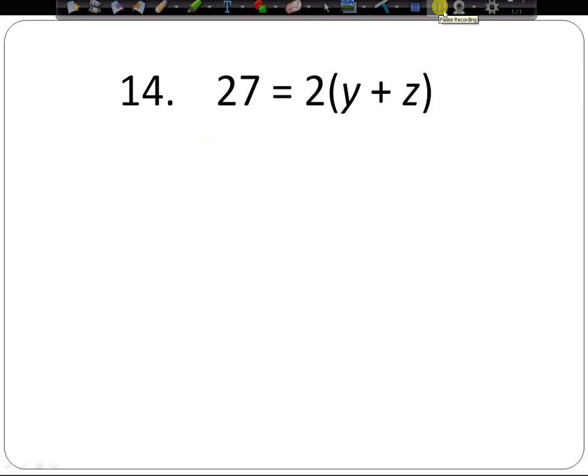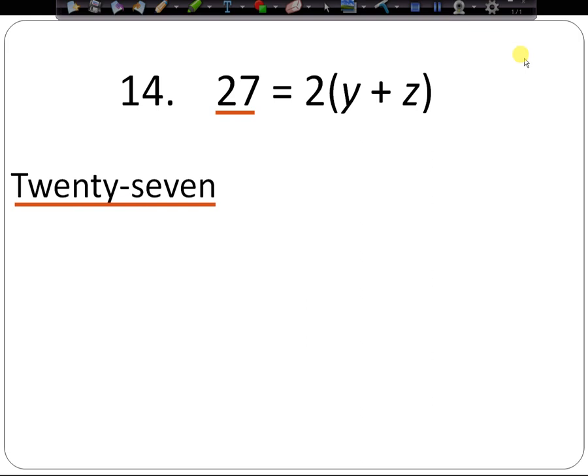Number 14 says 27 equals 2, parentheses, y plus z, parentheses. Again, make sure you have this written down before you move on. So we're going to start with the 27, and we're just going to write that as 27, or you can just write the number 27. The equal sign, we're going to say equals.